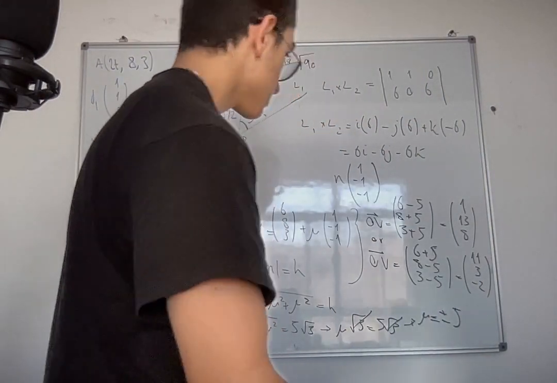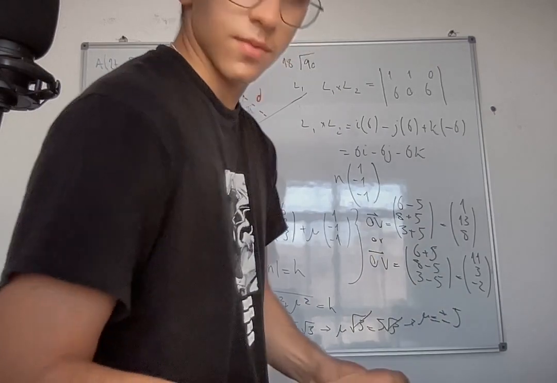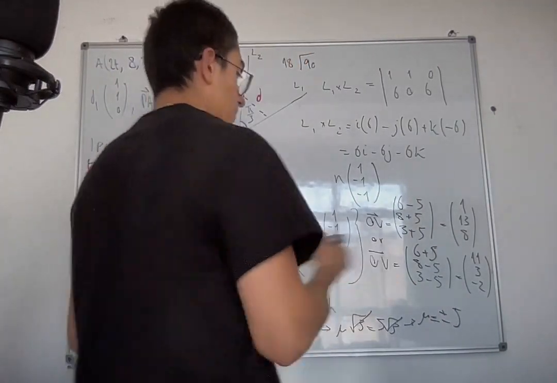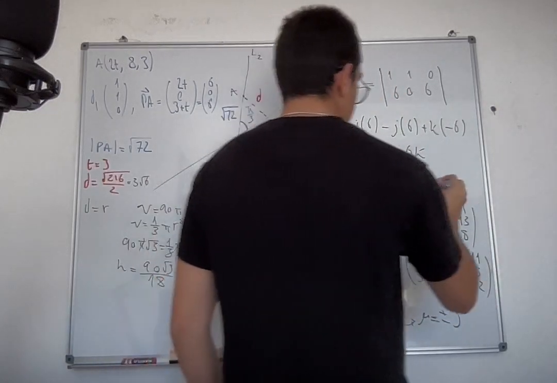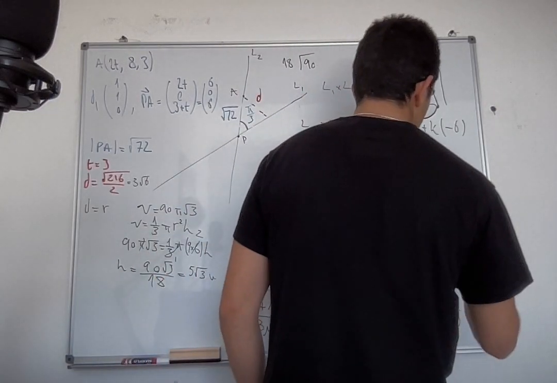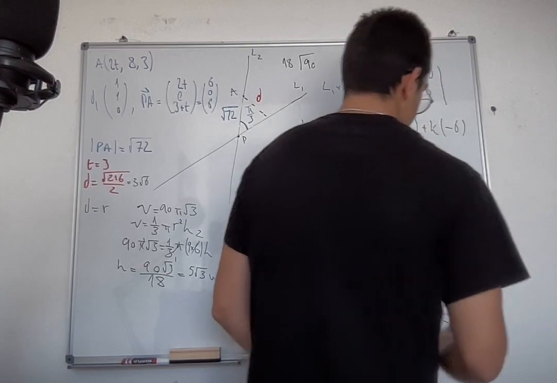So in the first one, our assumption is that mu is negative 5, and in the second one mu is 5.